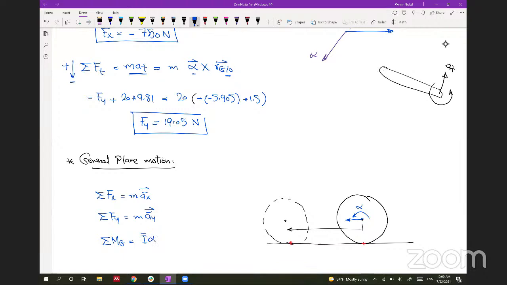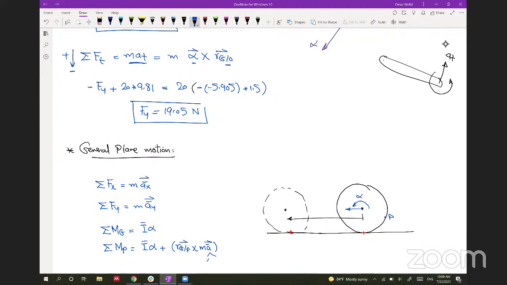Or you can use the sum of the moments about any point B. Like if you want the moment about this point P, it will be equal to I bar alpha plus RG with respect to B crossed with m A vector, and A should have X and Y components. So this is in a Cartesian coordinate system. If you are working with a tangent normal coordinate system, the xy will be transformed to tangent and normal.